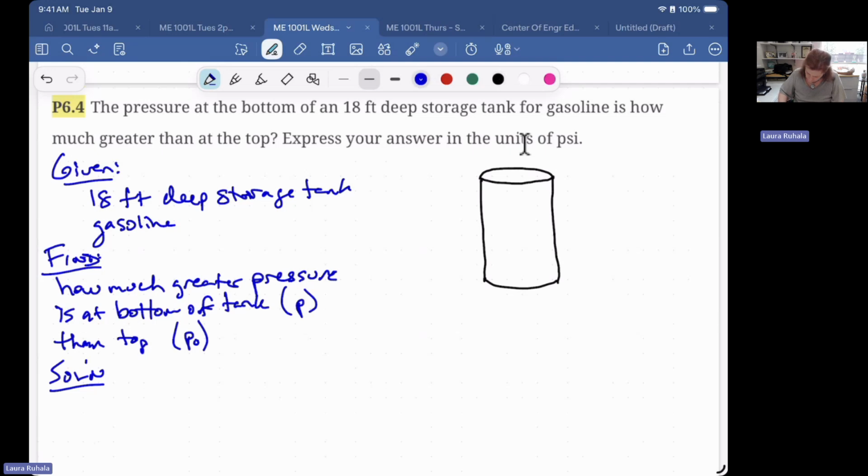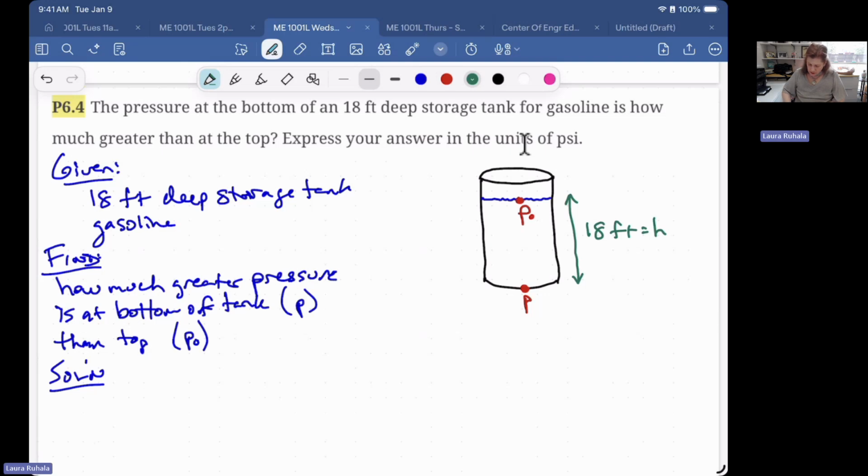And let's say the fuel is this full. This is the pressure at the top, P naught, and this is the pressure at the bottom. Oh, and I also know that this is 18 feet deep. I'll call that H.